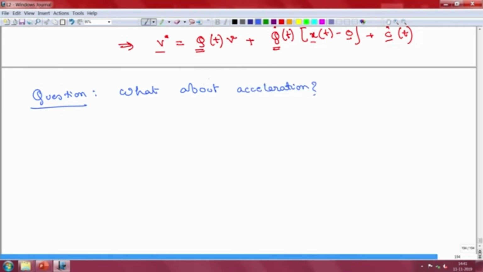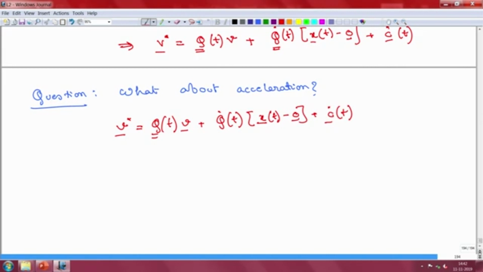We know that we have already written that expression, V star is equal to Q transpose V plus q dot. So, A star, which is now going to be the derivative of this, we are going to have to take the derivative again.